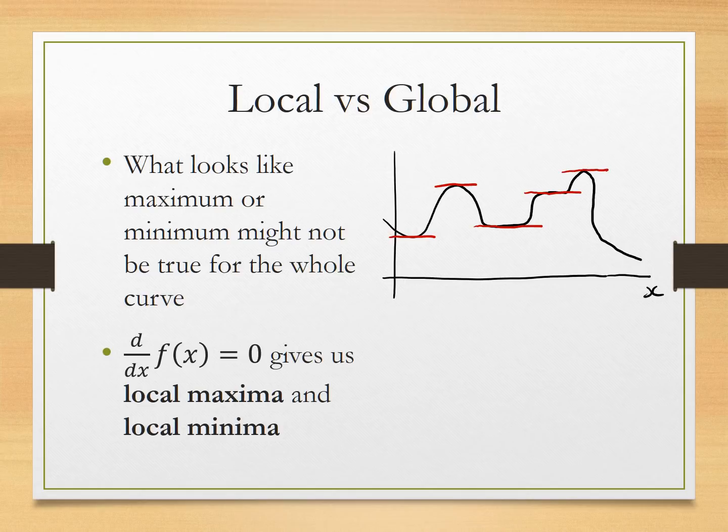In this particular function, there are actually a lot of points. You can see that the fact that a point is higher than all the points around it does not guarantee that it's going to be higher than all the points on the function, right?